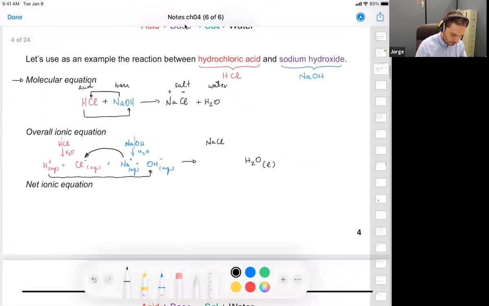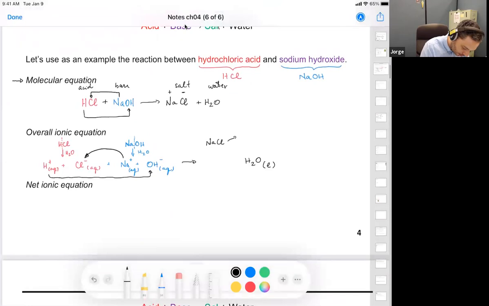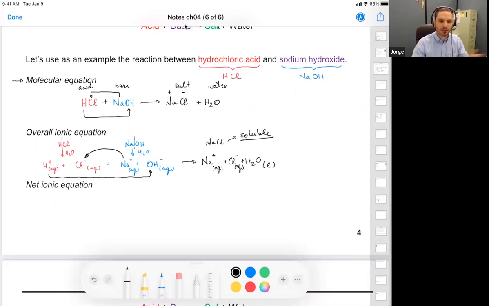Therefore, because NaCl is soluble, we must represent that as Na plus AQ, Cl minus AQ. Plus water, of course, because that is the other product. And that's the major difference between molecular equation and any kind of ionic equation, okay? And in this case, we have the overall ionic equation.